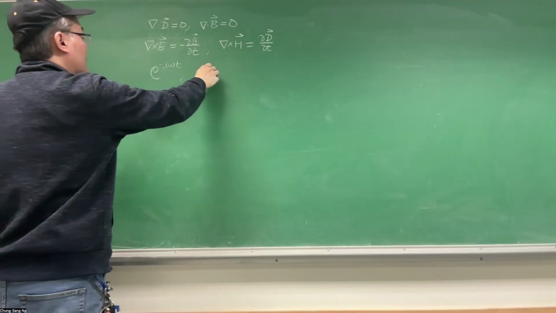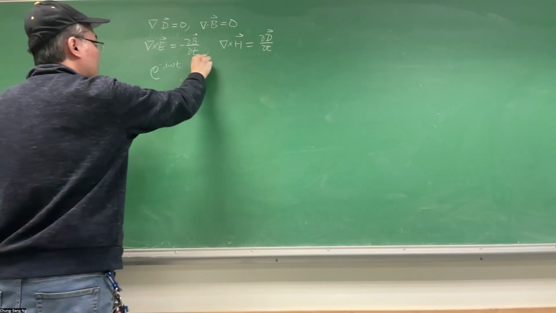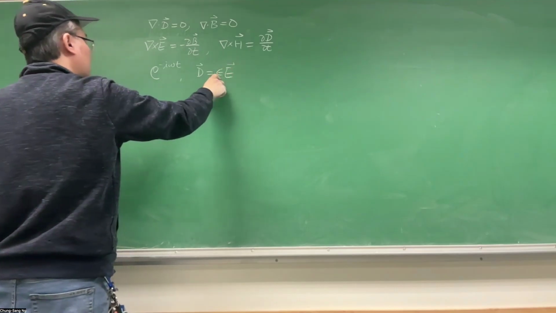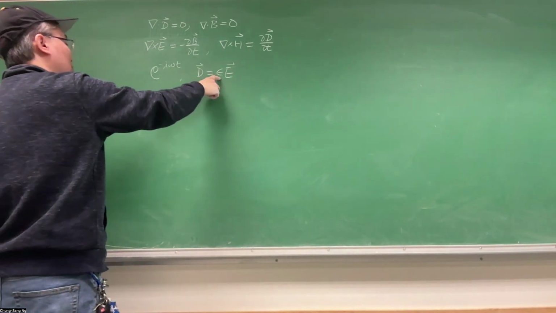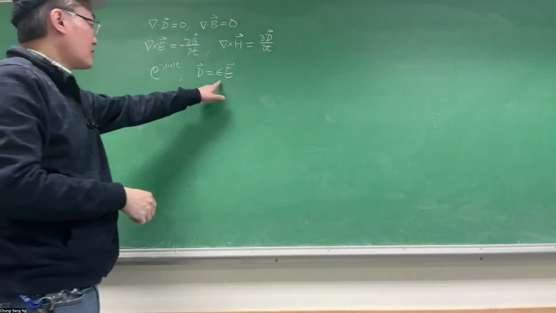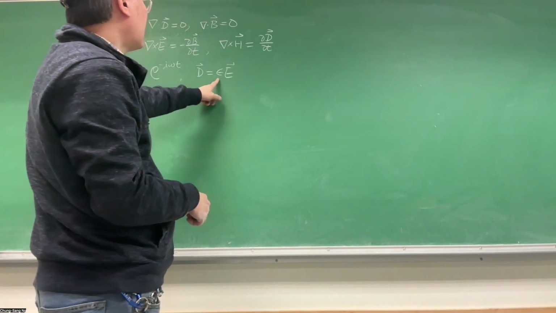And now for that, you can just relate D and E: D is epsilon E. Epsilon in general should be a function of omega, some function of frequency, and it can be complex also.